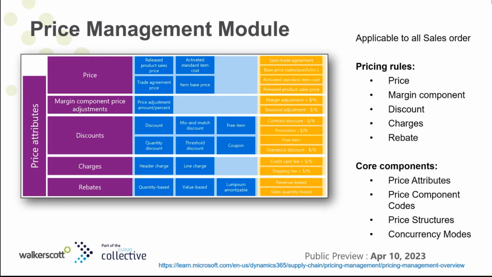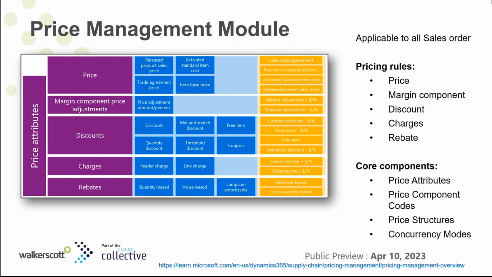Now let's review the key concepts of the price management module. The first one is the price attribute, which offers flexibility in defining the pricing factor using customer, product, sales order header, and sales order line data. They are highly configurable, working with the customer and product attribute framework, and can be extended using available extension points.